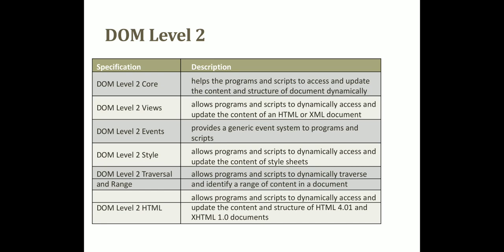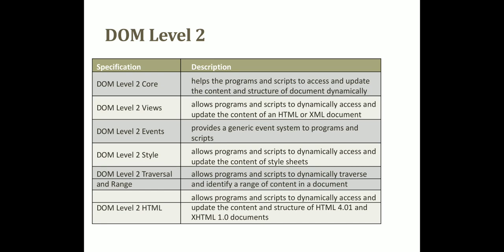Then the views allow programs and scripts to dynamically access and update the content of an HTML or any XML document, whereas the events provide a generic event system to programs and scripts. And the DOM level 2 style, that is the fourth part, allows programs and scripts to dynamically access and update the content of style sheets.